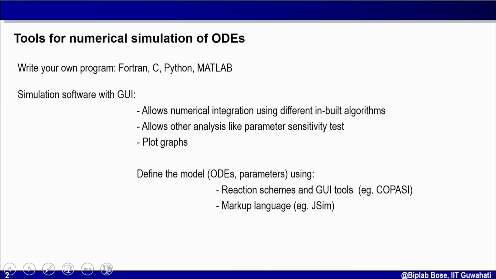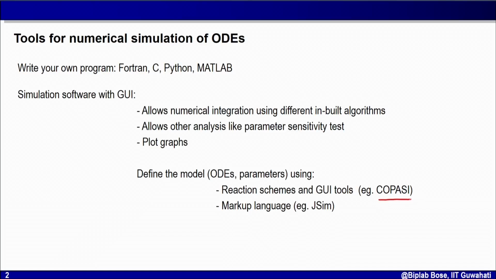Some of these GUIs can have an option where you can simply write down the equation and ask the system to simulate the model. In some cases, you have to use a particular markup language that is understood by the software to define the model. Depending upon your choice, you will use one of them.